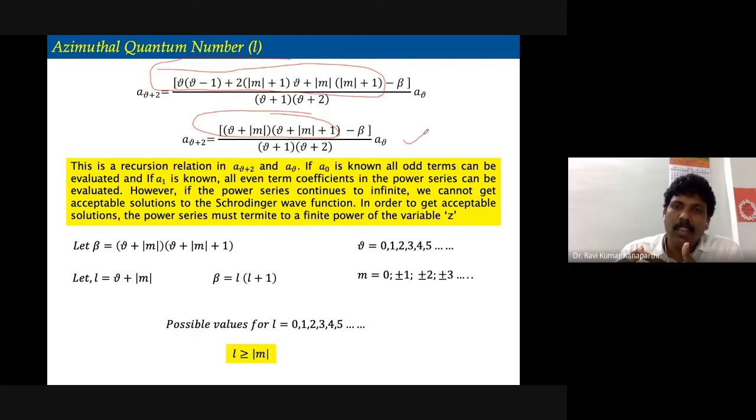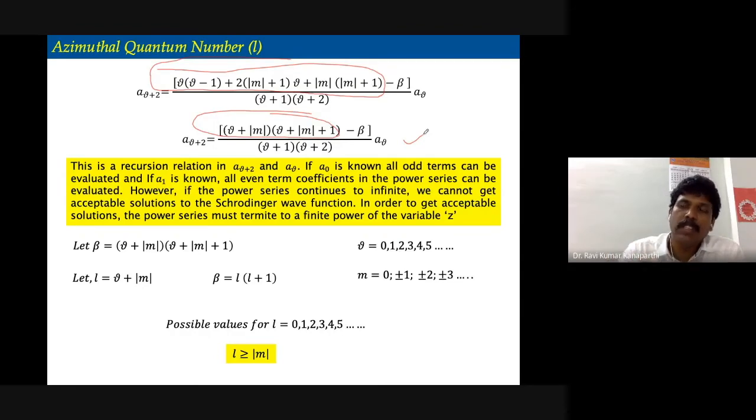But in the case of the harmonic oscillator, please recall that if the power series is continuing like this, we will not get an acceptable solution to the Schrodinger wave equation. That means the power series has to be terminated at a finite power of the variable, that is z in this particular case. Why?